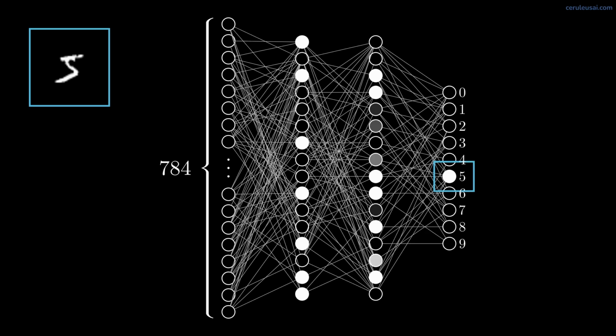Let's step back and look at what happens when our neural network faces something completely outside its training experience. In previous videos, we focused on feeding the network clear pictures of handwritten digits, photos or scans of people's real zeros, ones, twos, and so on. The network learns patterns from these images, adjusting its weights through backpropagation until it can recognize digits with impressive accuracy.